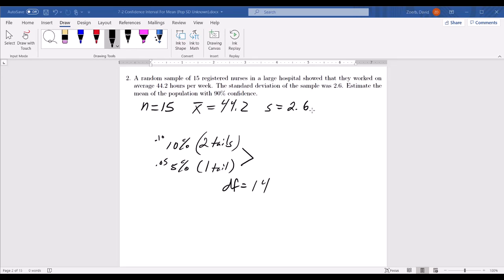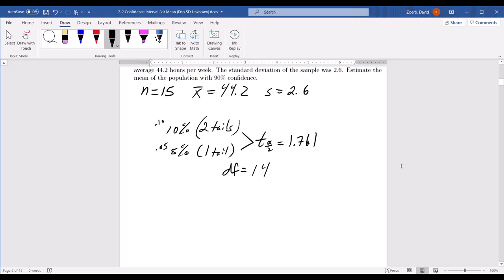But we want 10% two tails or 0.05 for one tail, which is going to give us, and the degrees of freedom for this was 14. So drop down to 14. In this column, you get 1.761. So the t sub alpha over 2 is 1.761.